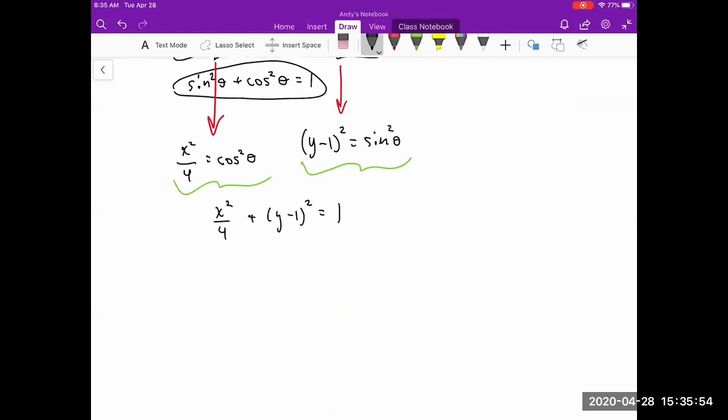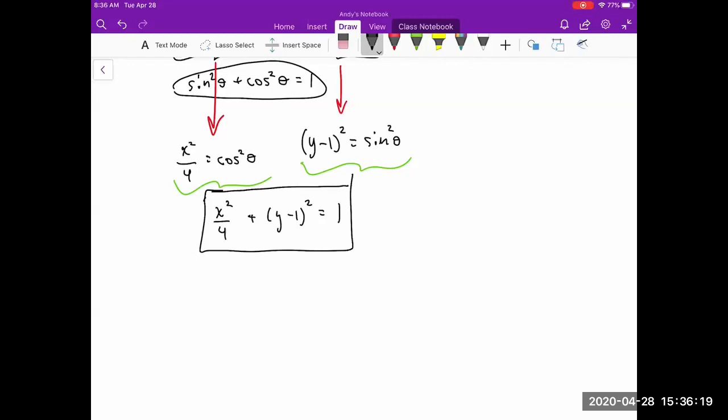Because cosine squared plus sine squared is 1. So there we go, we eliminated the parameter theta. I hope that makes sense, because again, the first term here is cosine squared, the second term is sine squared, and cosine squared plus sine squared is equal to 1, so this whole equation is equal to 1.